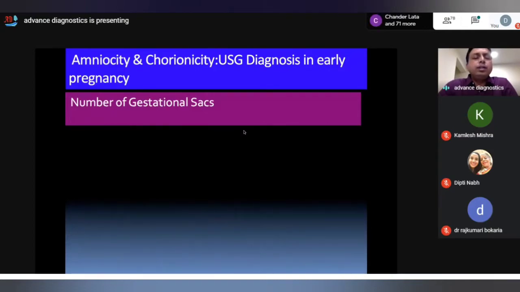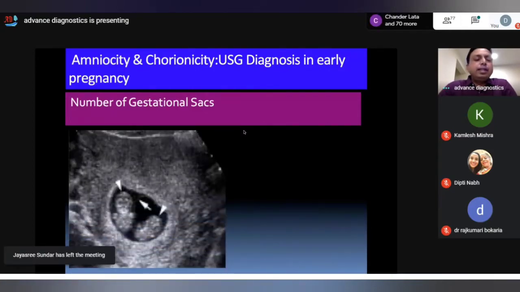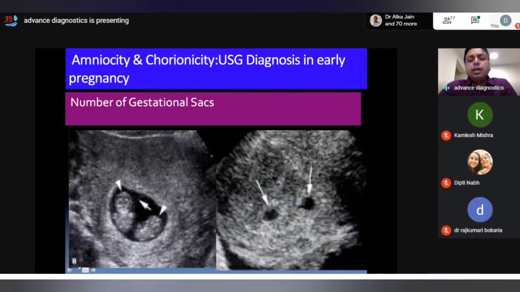So in early pregnancy, if we see a single sac with two embryos, then most likely it is monochorionic pregnancy. If we are seeing two different gestational sacs, they are most likely dichorionic pregnancy.